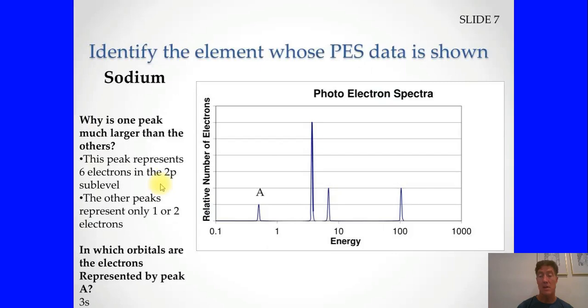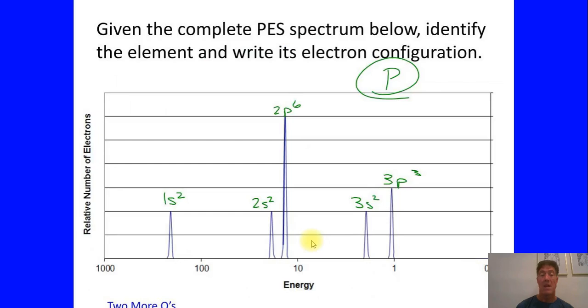Just remember, so here this is the closest to the nucleus. So you've got to pay attention to the scale. But here, this is the highest energy. So this is the core. This is the closest to the nucleus. This is 1s2, 2s2, 2p6, 3s2, that's full. 3p, how many? Well, this is 2, one more, 3, 3p3. So that corresponds to phosphorus.